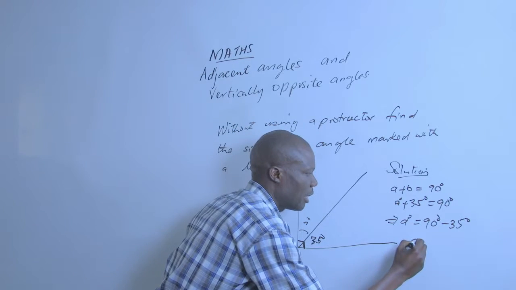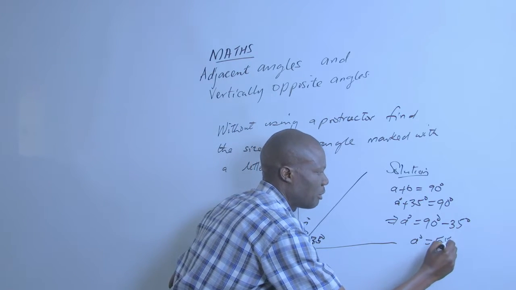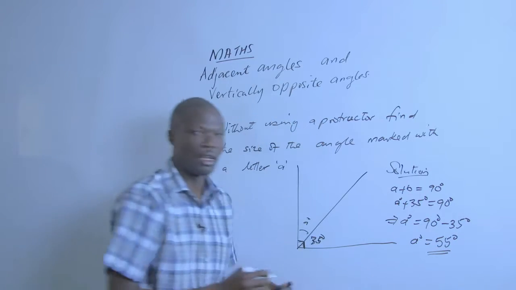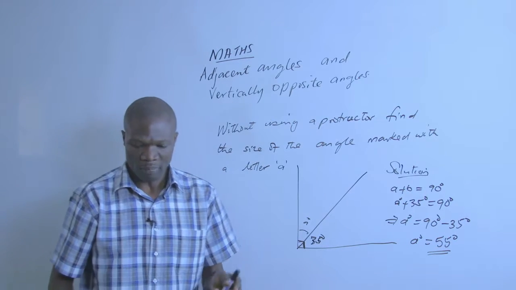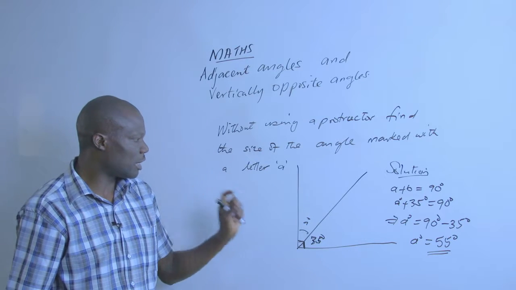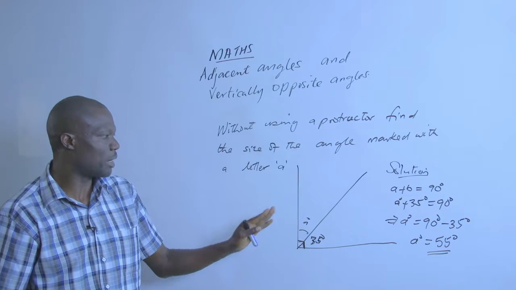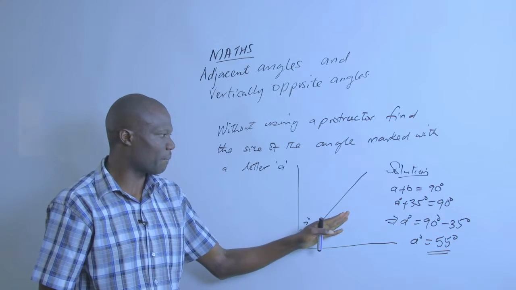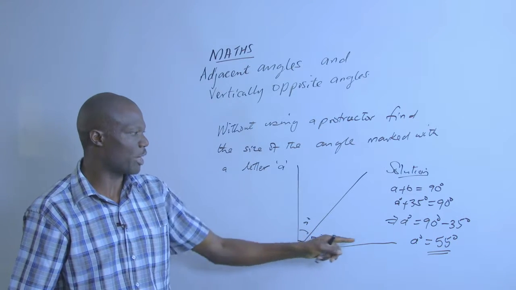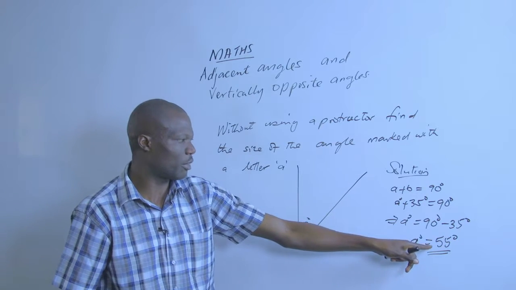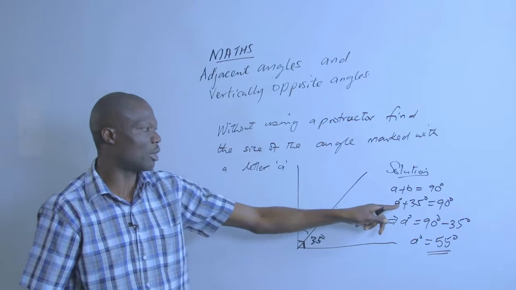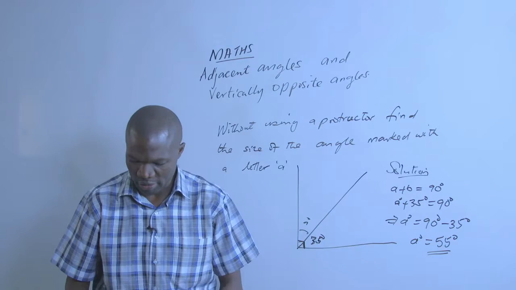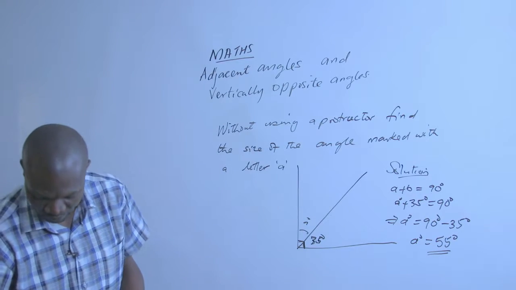You'll find that A is 55 degrees. So we have used the knowledge of adjacent angles that are complementary to calculate the size of the angle A, given that the two angles add up to 90 degrees.